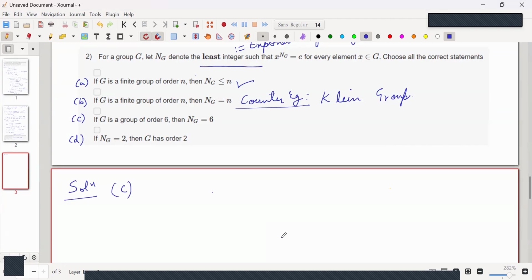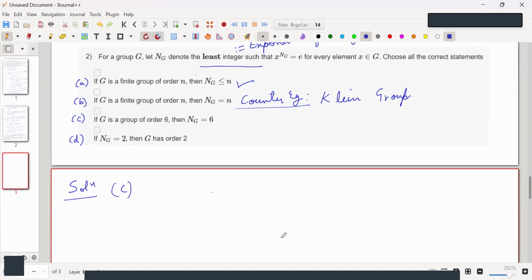So through Cauchy's theorem, there is some element of order 2 and also some element of order 3. So since there are elements of order 2 and order 3, if a power n has to be identity for all elements, it has to be the LCM of 2 and 3, which is 6.